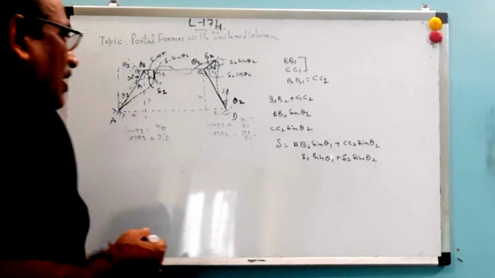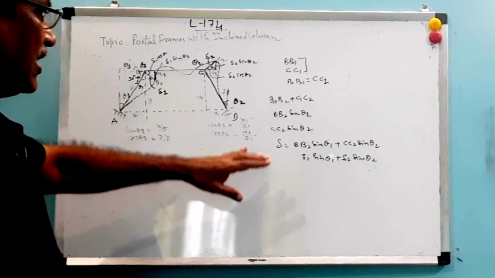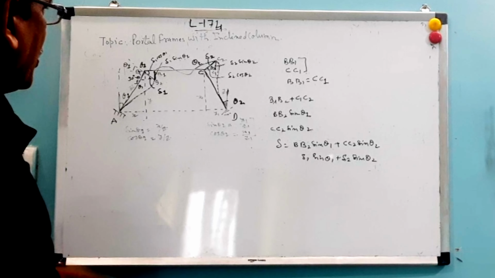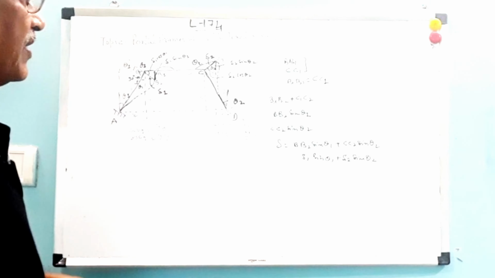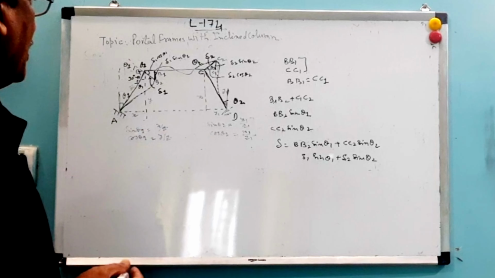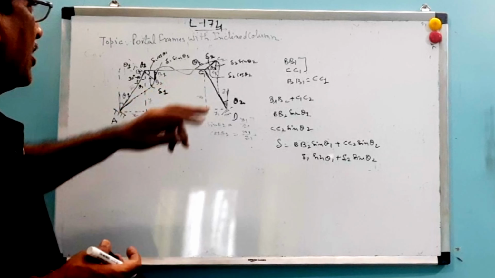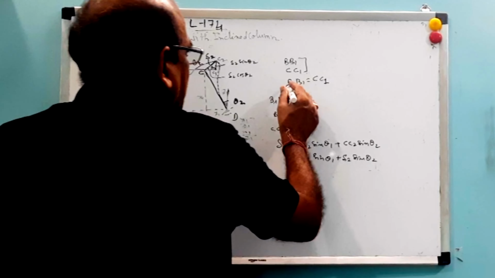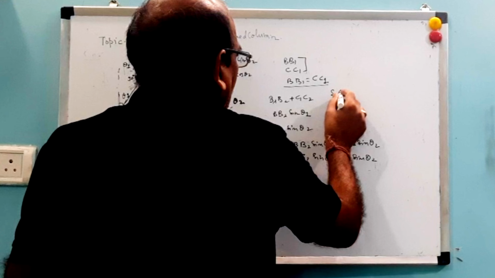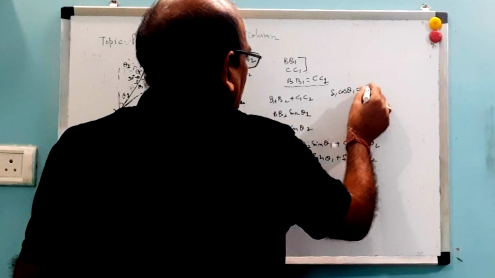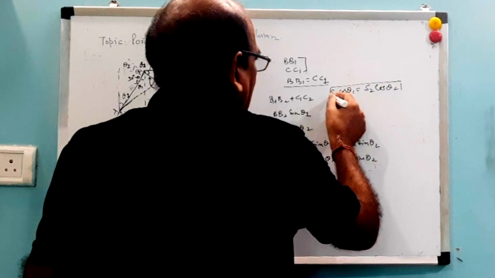Delta 1 and delta 2 are given, or we can find this total vertical deflection. And the horizontal, BB1 equals CC1, that is delta 1 cos theta 1 equals delta 2 cos theta 2. This is another relation.